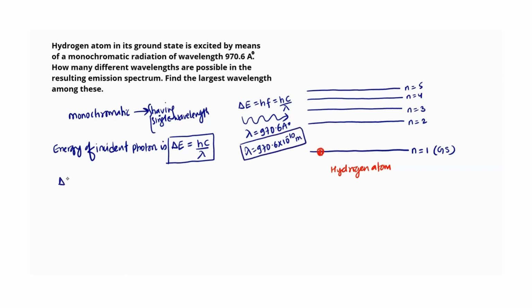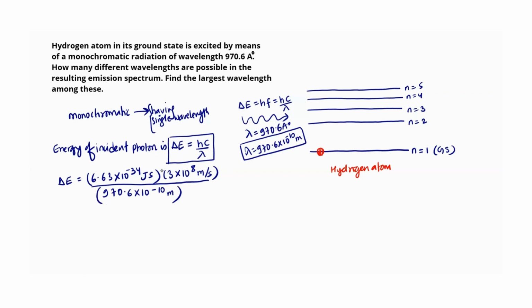Therefore, the energy delta E of the incident radiation equals Planck's constant, 6.63 times 10 power minus 34 joule second, times c, 3 times 10 power 8 meter per second, divided by the wavelength lambda, which is 970.6 times 10 power minus 10 meter.